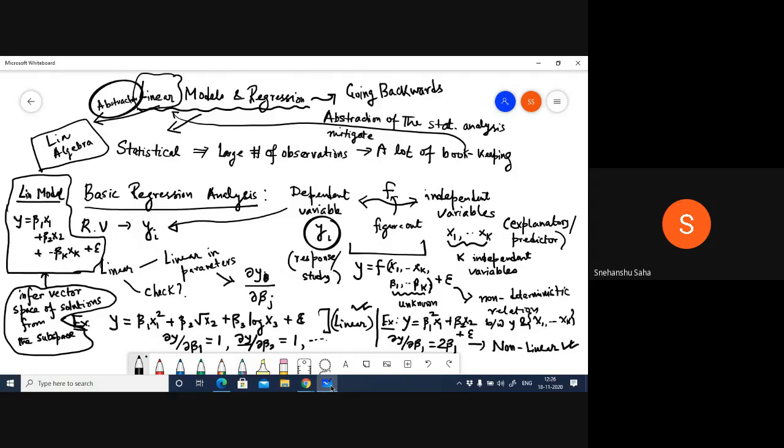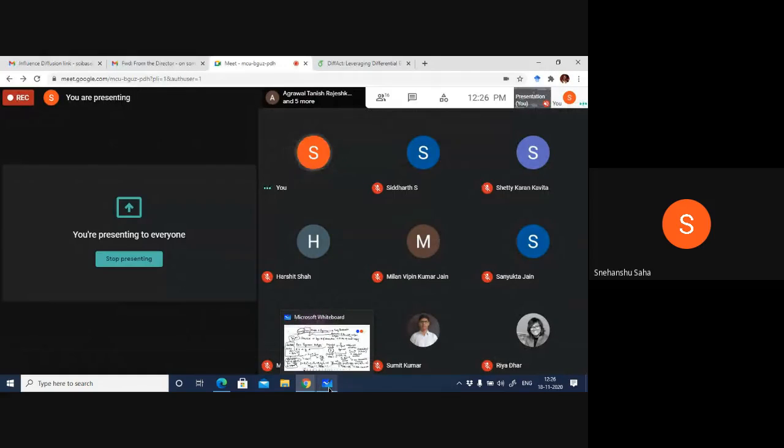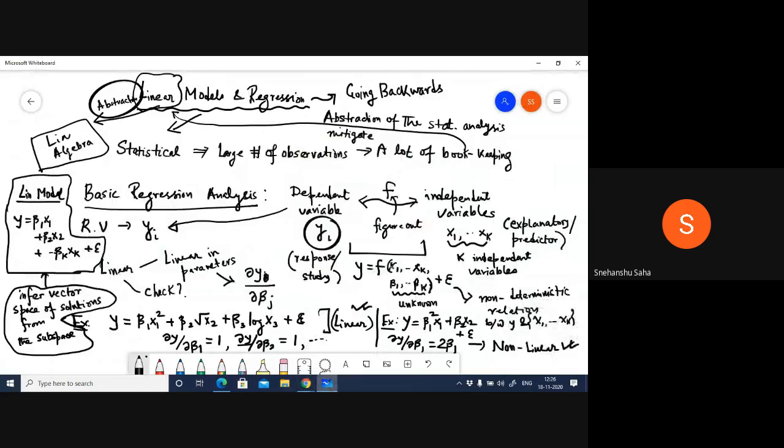So what tools in linear algebra should we use? Any idea? You are familiar with the tool, so I'm not asking anything new or asking you to think beyond the scope of the subject.